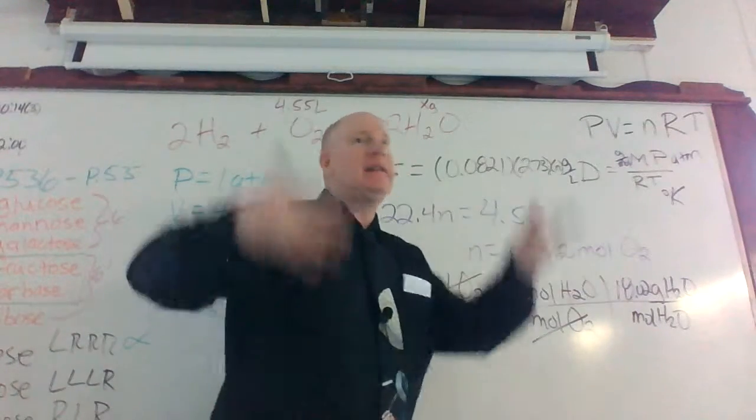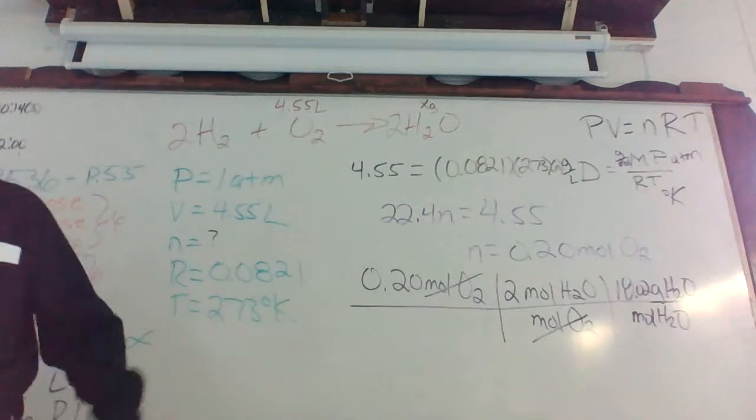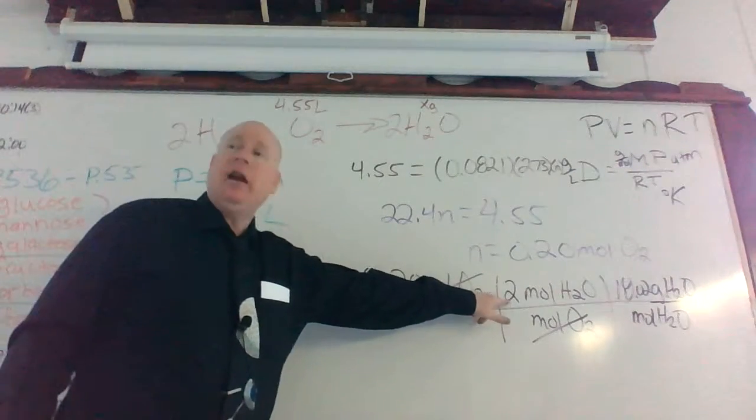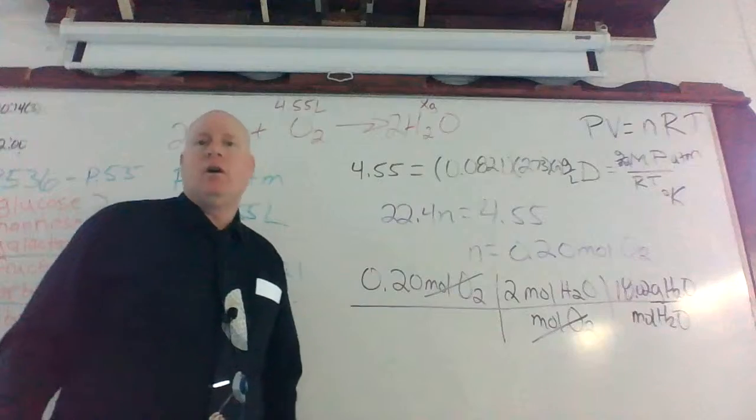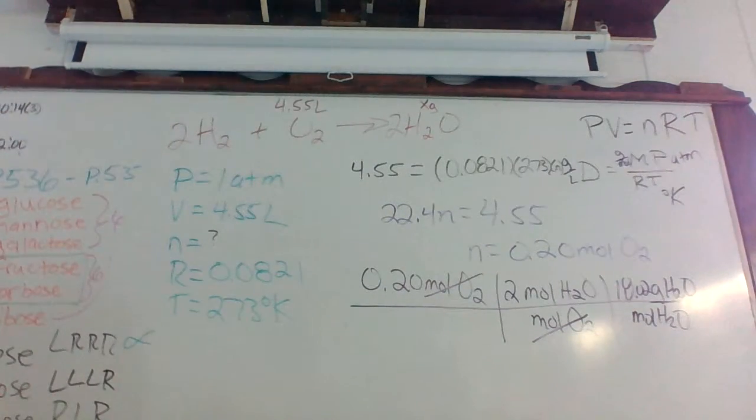So when you said that's not what I got, 7.2. You got to go back to your balanced chemical reaction and double that. So if you're working on these and you find out, well, I didn't get that, I got half as much as you got, or I got twice as much as what you got, chances are that's where you made a mistake. So that is the ideal gas law way.